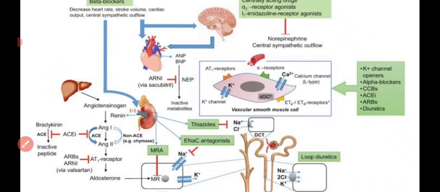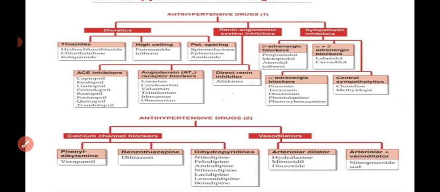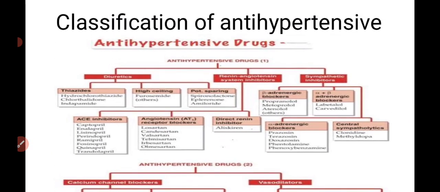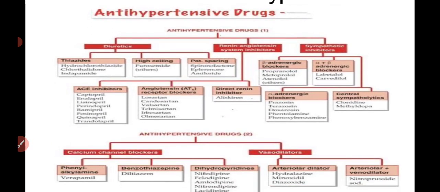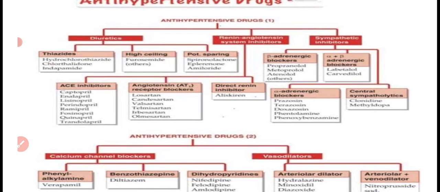Okay. So in the next slide, we'll discuss the classification and examples for the various antihypertensive drugs. So you can see here, diuretics include three classes: thiazides, high ceiling, and potassium sparing diuretics. Here the thiazide diuretics examples we'll discuss while discussing individual drugs.